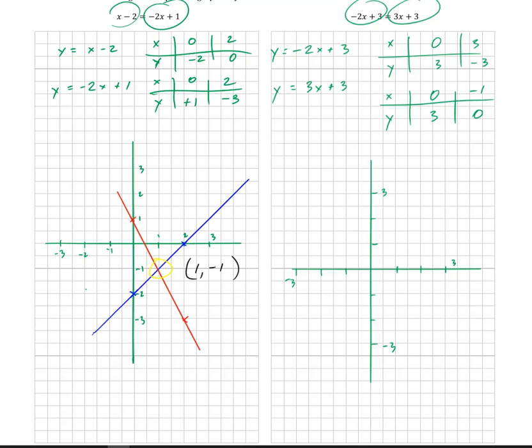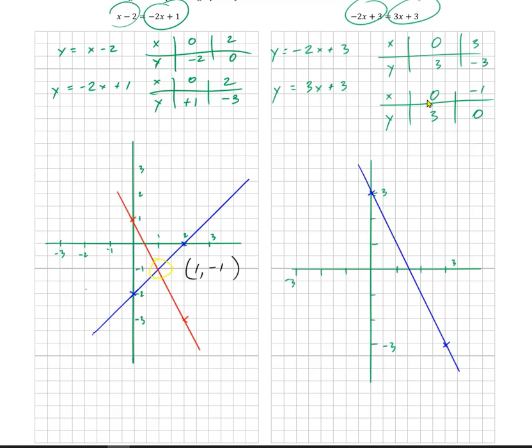Okay, so we'll use the blue for the first one. So I've got 0 comma 3, so that's going to be a point up here, and I've got 3 comma minus 3, so across 3 and down to minus 3, and I'm going to join the lines. So that's going to be our first line.